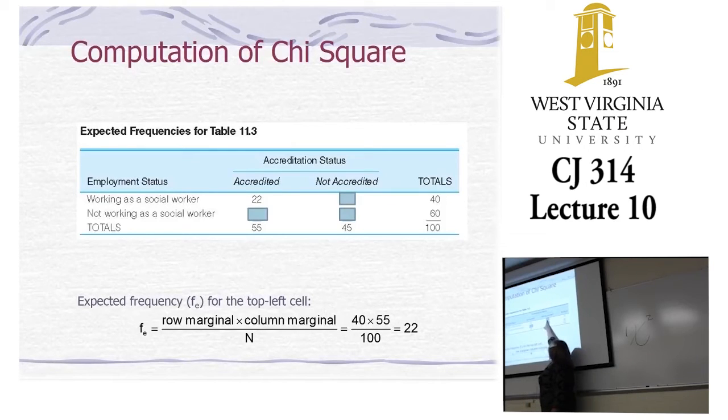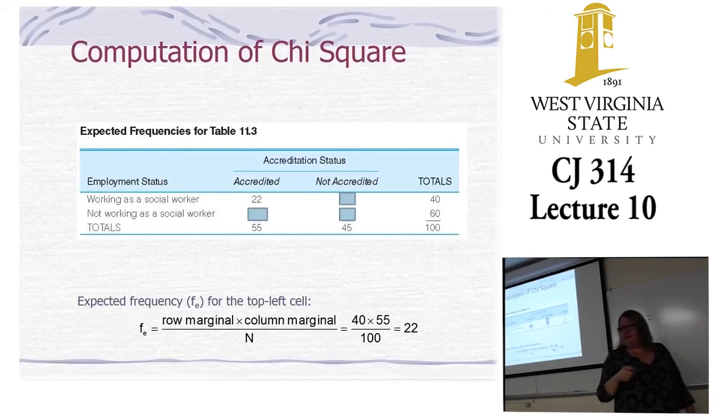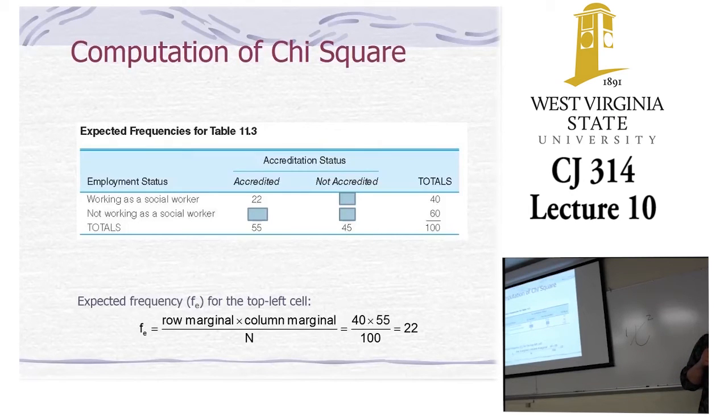What's our expected in cell B? Row 40 times column 45 divided by n of 100. 18. Everybody find it? Yeah, okay. How about cell C? Not working as a social worker that went to an accredited school.